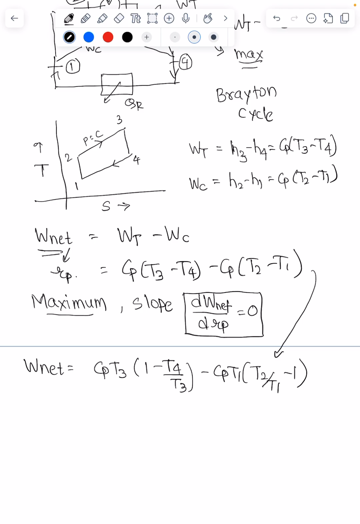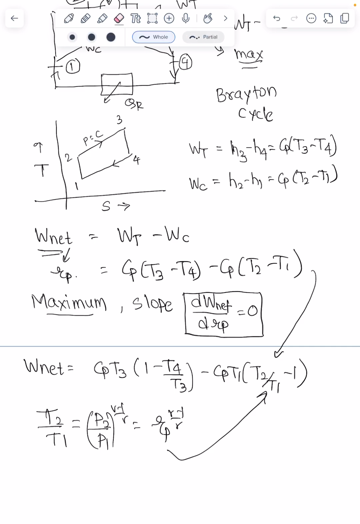Now we all know that T2 by T1 is equal to P2 by P1 raised to gamma minus 1 by gamma, or Rp raised to gamma minus 1 by gamma. So this I'm going to put over here.